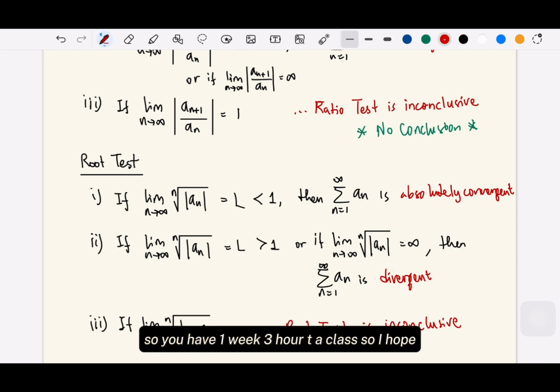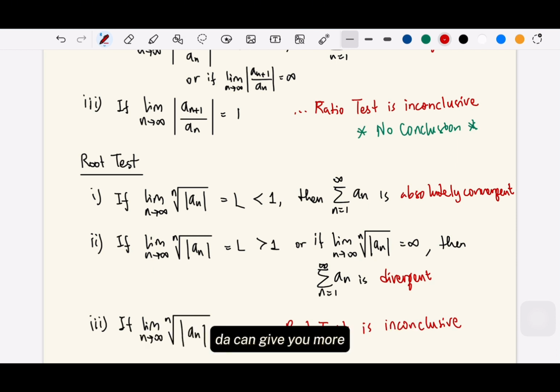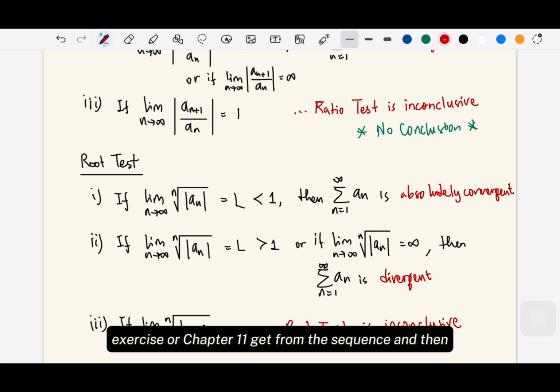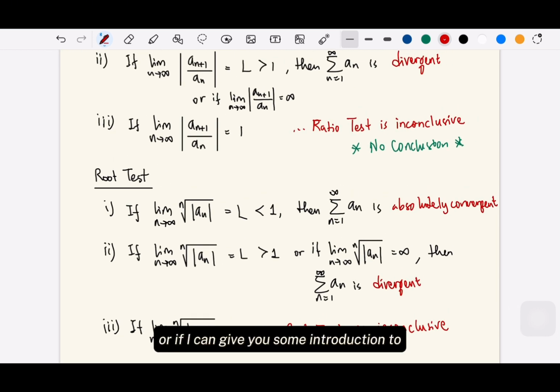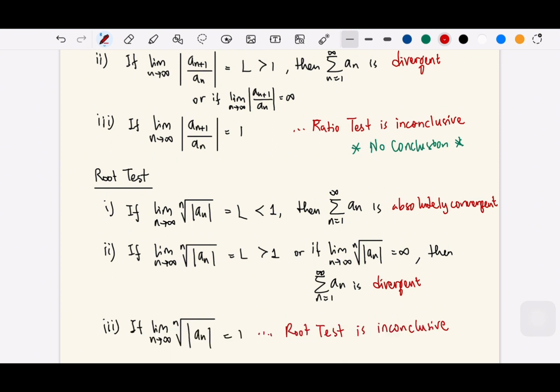I hope the TA can give you more exercises for chapter 11, from the sequence up until the ratio and root test. Or if I can, I will give you some introduction to the power series, but just some introduction, not yet the details.